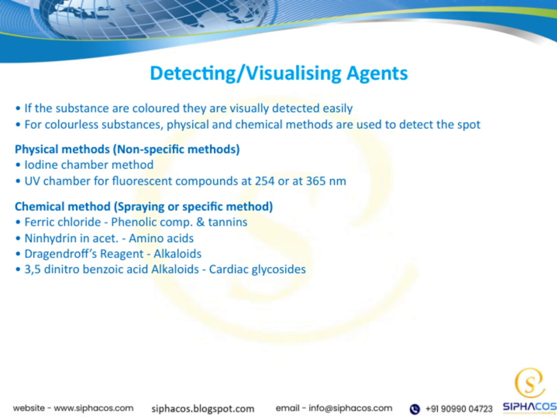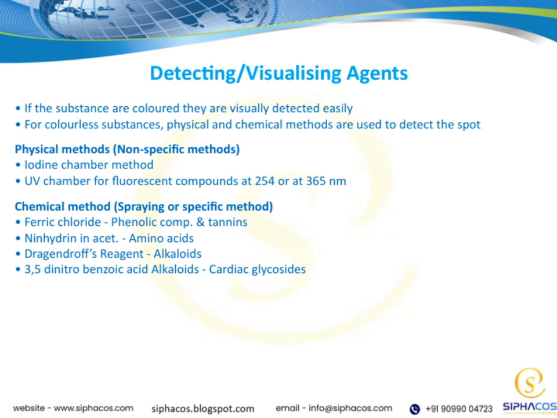Physical methods are generally nonspecific but useful. For example, the iodine chamber method is one such technique, which can help reveal certain compounds. Similarly, a UV chamber can be used to detect fluorescent compounds, either at 254 nanometers or at 365 nanometers. These methods are quite handy for quick screening.